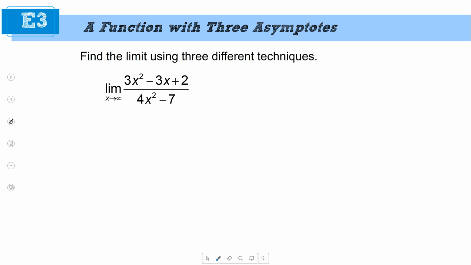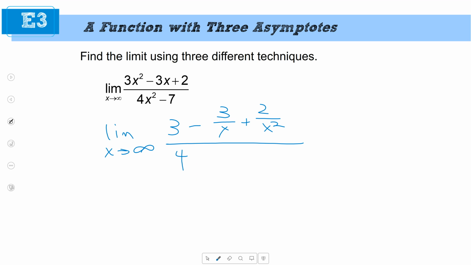We're good. Okay, now this guy. What's the answer? 3/4. Degree of the numerator is 2, degree of the denominator is 2. If you divide everything out, though, using that technique, another illustration of that here, 3 minus 3 over x plus 2 over x squared all over 4 minus 7 divided by x squared.